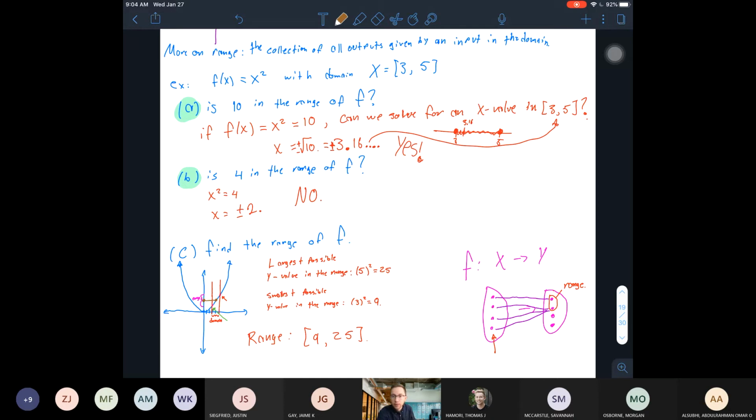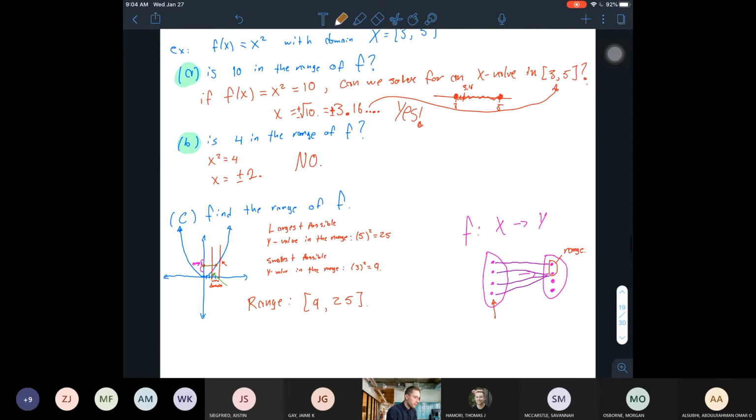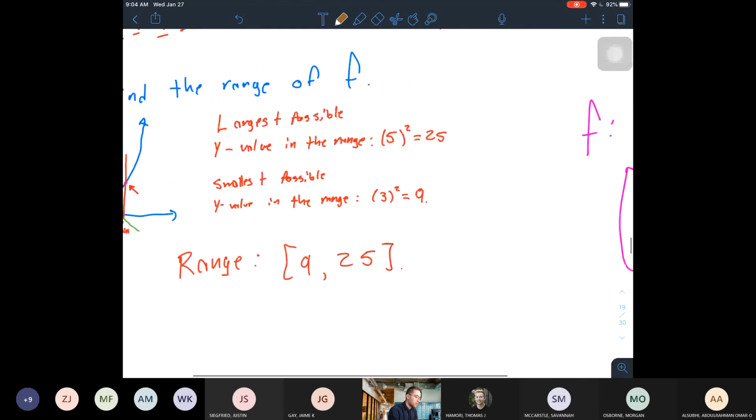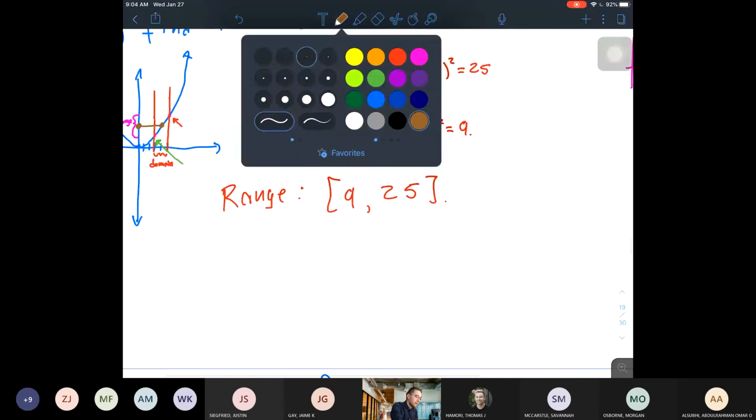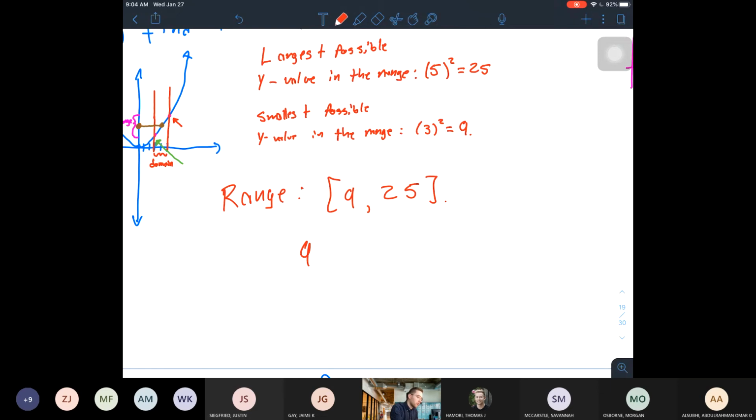Should we not worry about putting domain and range in interval form at the moment? I would say that you can express it in multiple ways. For example, I could have expressed the range here by saying 9 is less than or equal to y, which is less than or equal to 25.